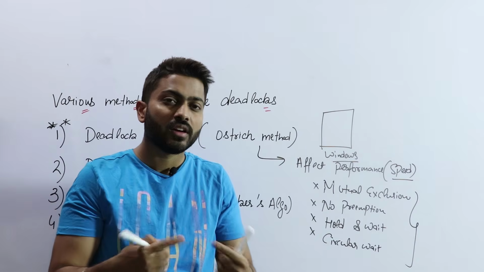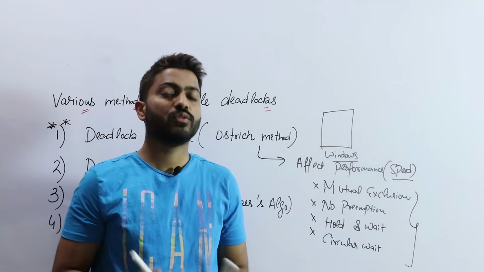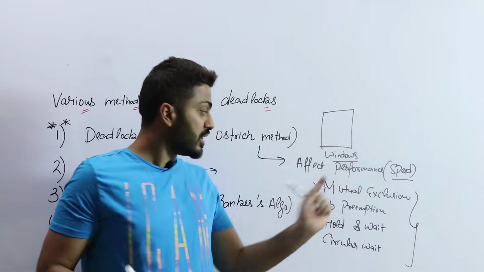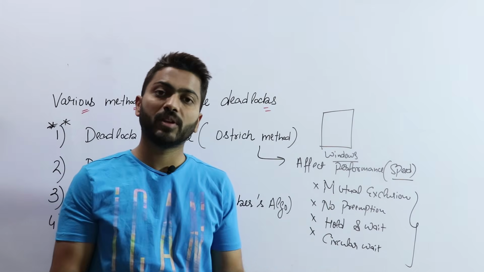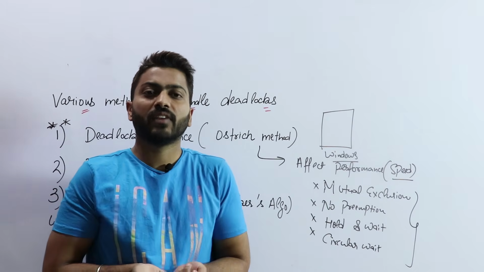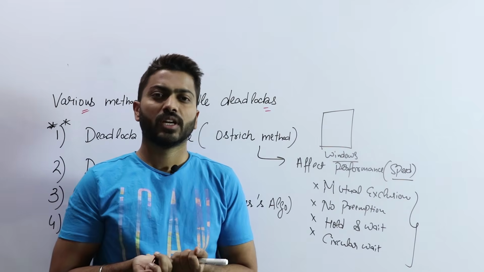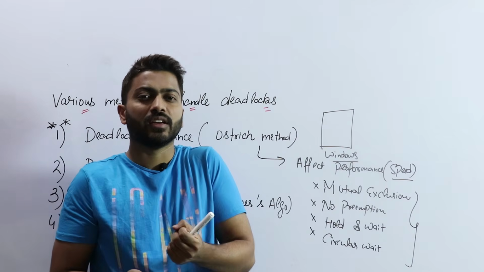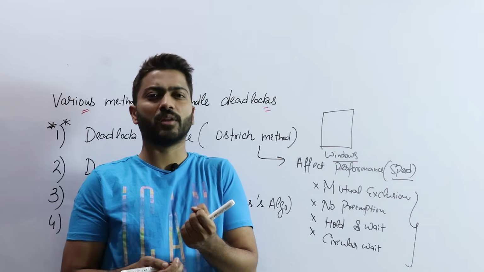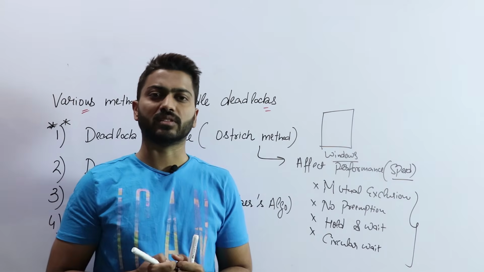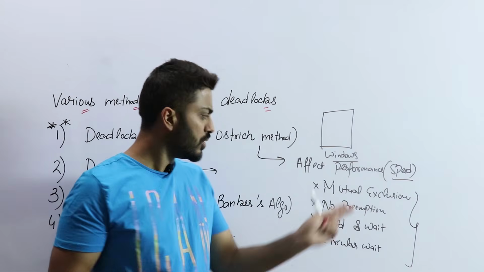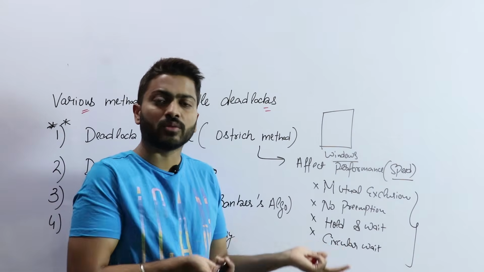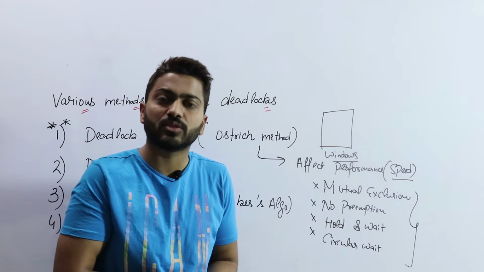So if we make this condition false, the deadlock will be removed. Let's say CPU: if I make my system such that CPU can be shared by 2 to 3 processes, then what is the need of the deadlock? Obviously the deadlock will be removed in this situation.